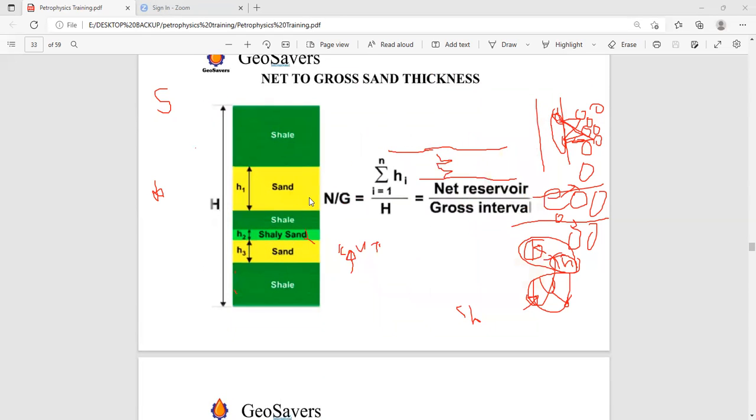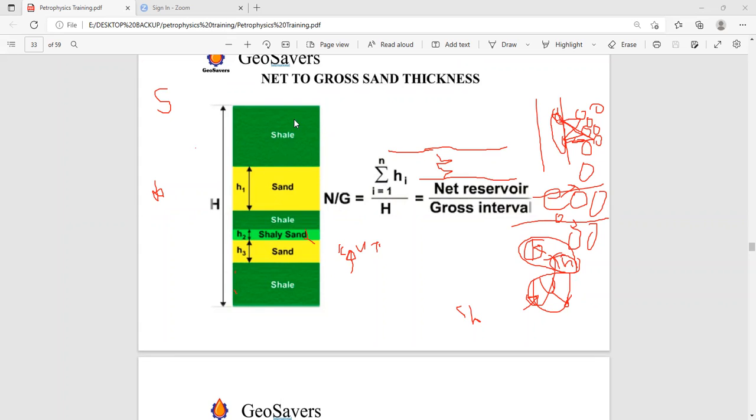So what we are going to have to do now is to calculate the net to gross. That means in that interval that I have chosen as my reservoir, what depth actually represents your reservoir? That's what we call the net to gross. So I have chosen this entire depth as my reservoir.